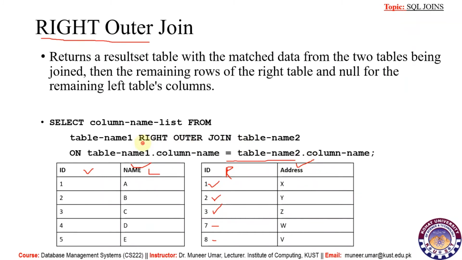Then we have right outer join in that query. So the result would be 1 A X, then 2 B Y, then 3 C Z. These are matched. Now we will consider the unmatched from right side. So after that we will get null, again null and W, then null, again null and V. This would be the result, matched data and unmatched.